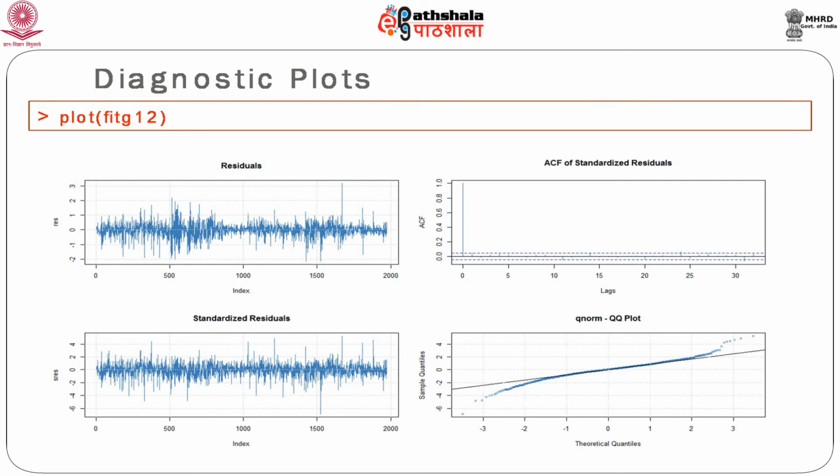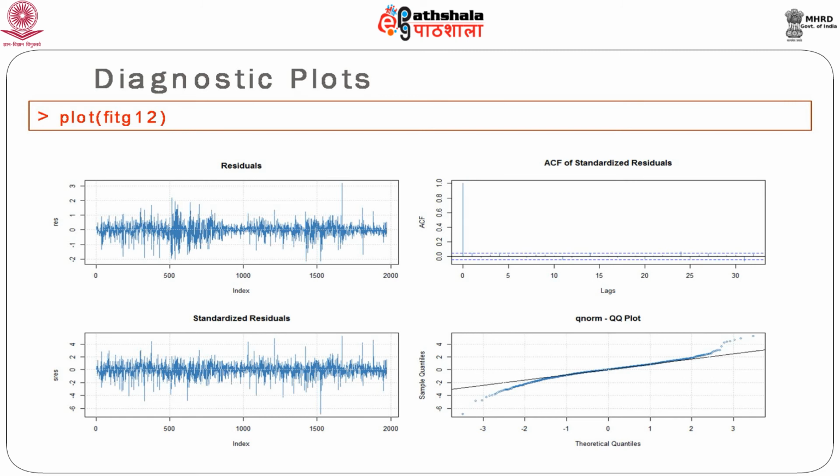The plot of the fit: G12 was the variable where I stored the GARCH object for the final model of order 1,2, and that will show you the diagnostic plots. The first one is the residual plot, the second one is the ACF of the standardized residuals, the third one is the standardized residuals of the series, and the fourth one is the QQ plot.